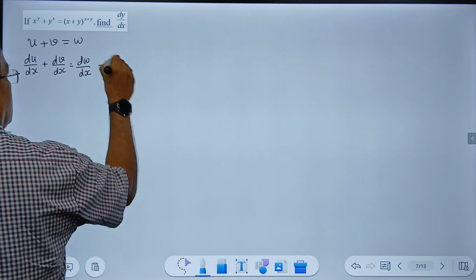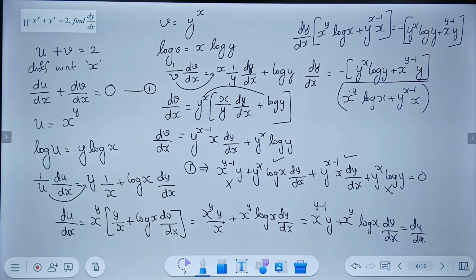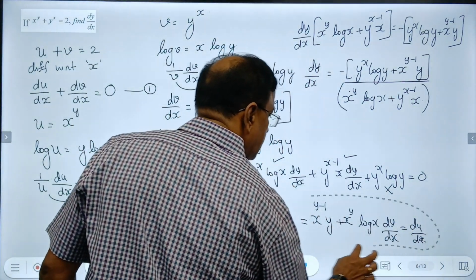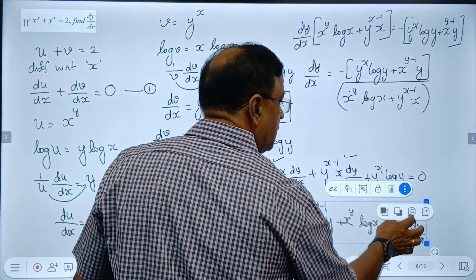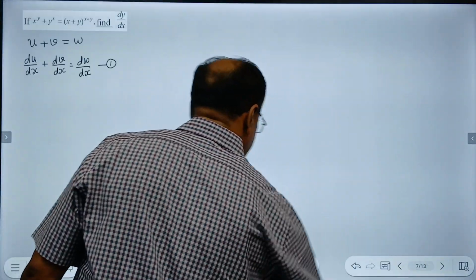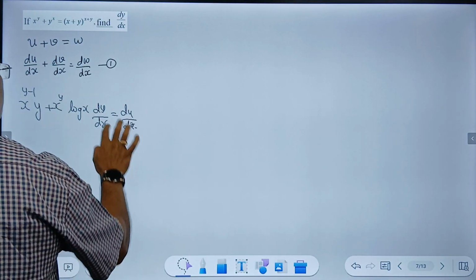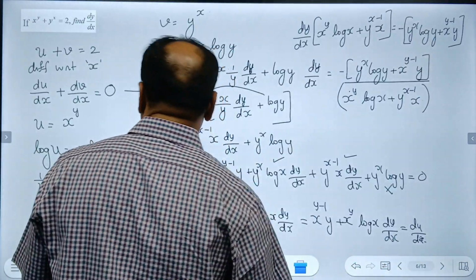All this as 1. Now what I will do, I take my du by dx from here. Okay, this is my du by dx. I am not going to repeat, you can always go through it. Okay, I also take my dv by dx from here.